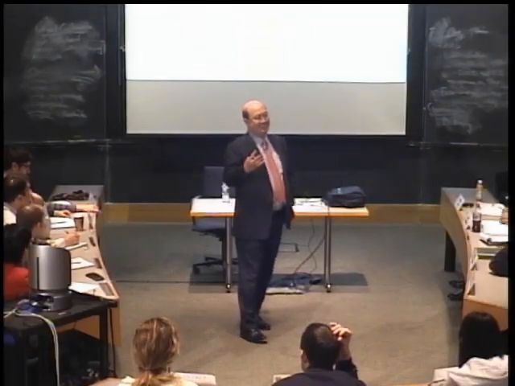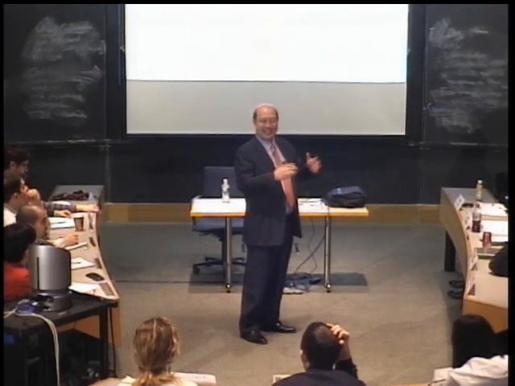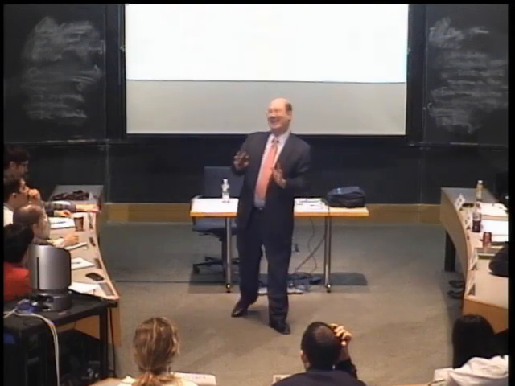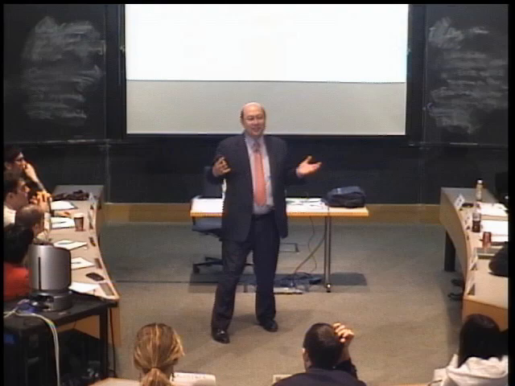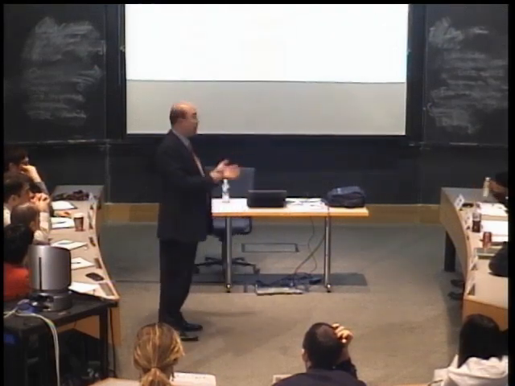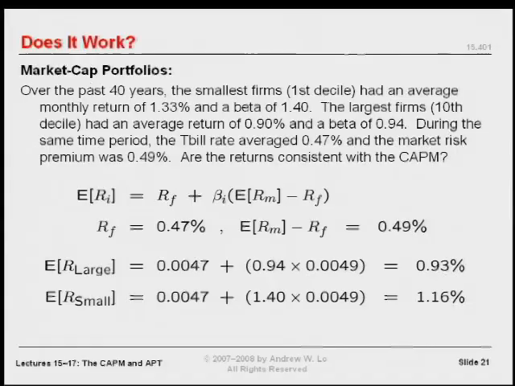Now, this is an amazingly good fit, so I wouldn't take this as typical in the finance literature. But it just so happens that over this 40-year period, the CAPM actually works pretty darn well, right? 0.99 is the average realized return, and 0.93 is what was predicted.